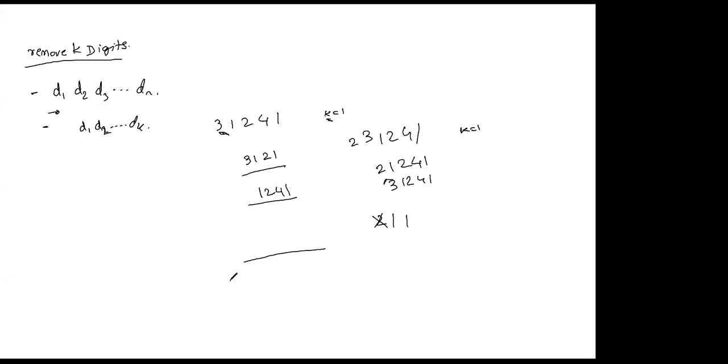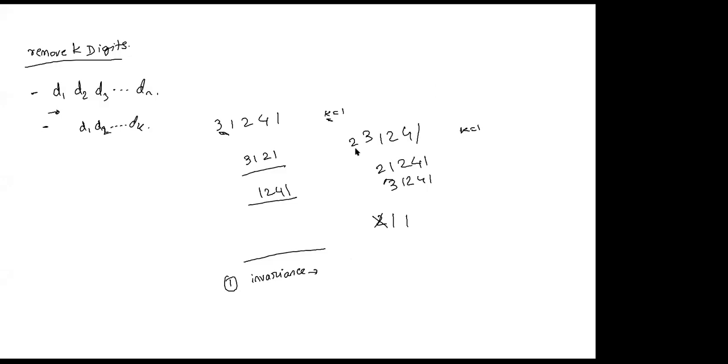So the invariant that we will have is that we need to remove the largest k digits from the left side. Could you repeat?